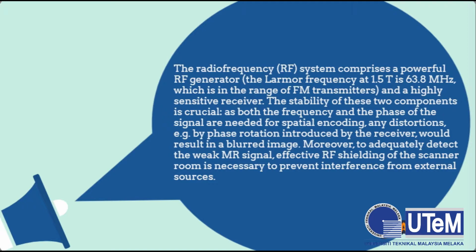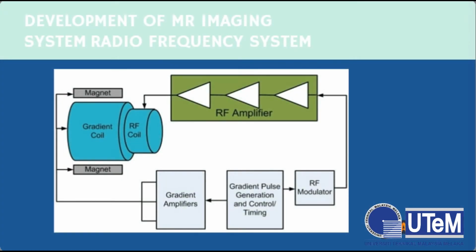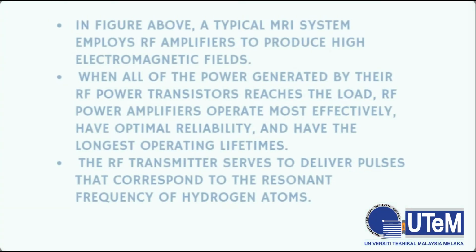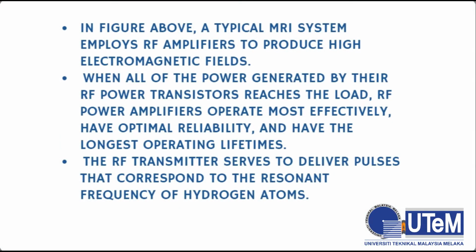Moreover, to adequately detect the weak MR signal, effective RF shielding of the scanner room is necessary to prevent interference from external sources. In the figure above, a typical MR system employs RF amplifiers to produce high illuminating fields.